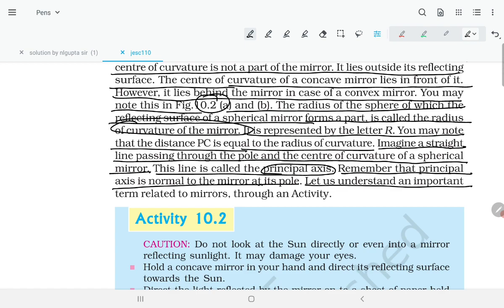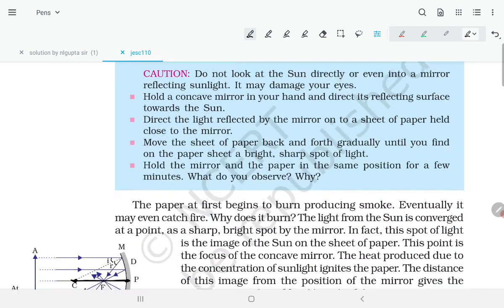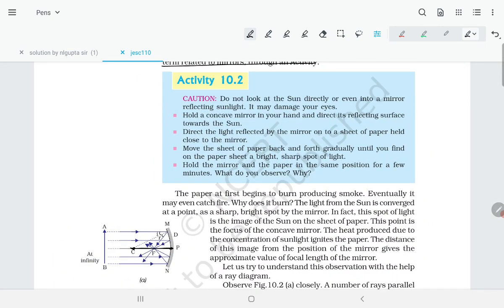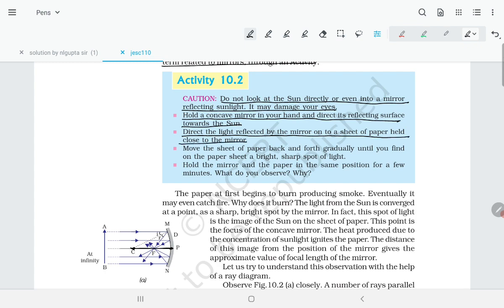Let us understand the important terms related to mirrors through an activity. Okay. So they are saying do not look at the sun directly or even into a mirror reflecting sunlight. It may damage your eyes. Hold a concave mirror in your hand and direct its reflecting surface towards the sun. Direct the light reflected by the mirror onto a sheet of paper held close to the mirror.